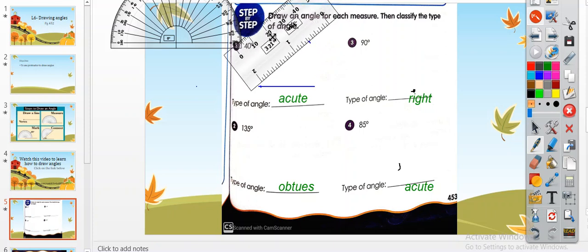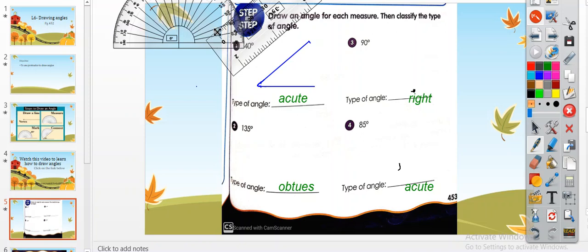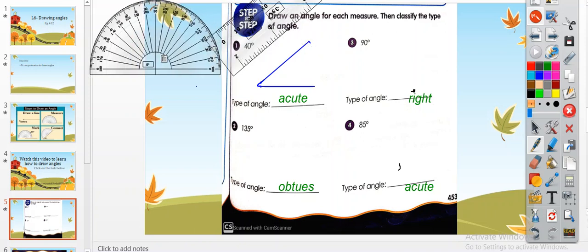Then draw a line here. Here it is. This is our angle. Well, it's a little bit hard to draw it here, but it's gonna be much easier when you use your protractor.